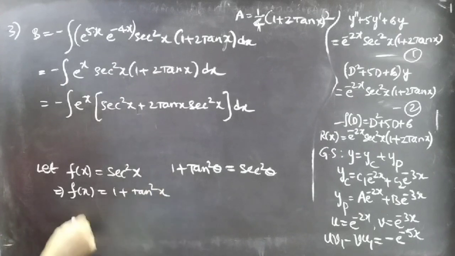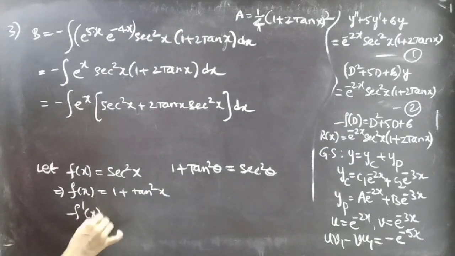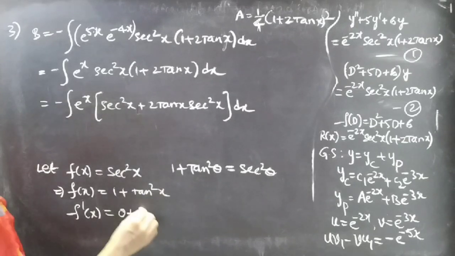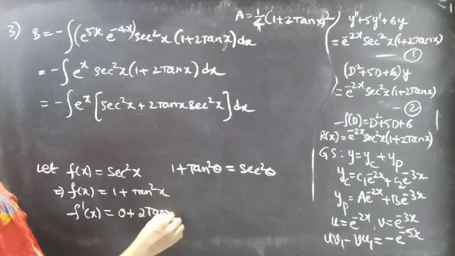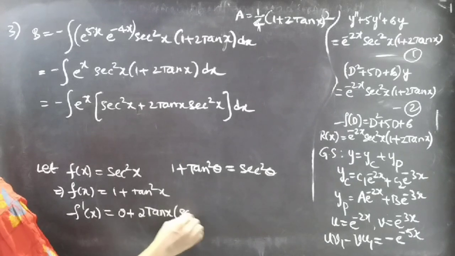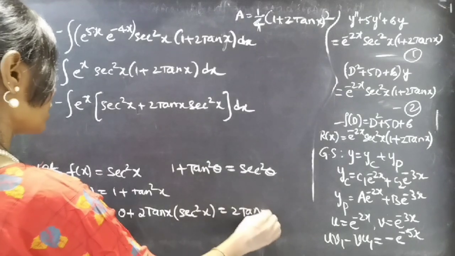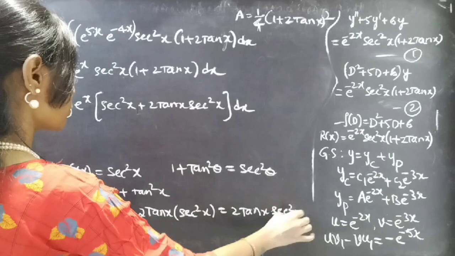Now find f dash of x. F dash of x is equal to derivative of constant with respect to x, which is 0, plus derivative of tan square x, which is 2 tan x into derivative of inner function, that is secant square x. Derivative of tan x is secant square x, which gives 2 tan x secant square x.